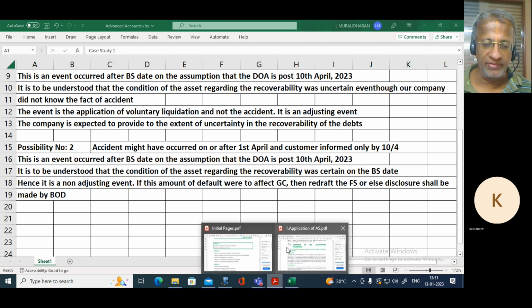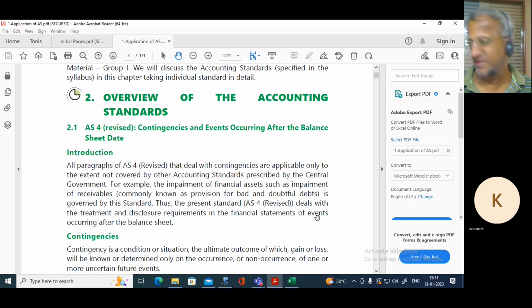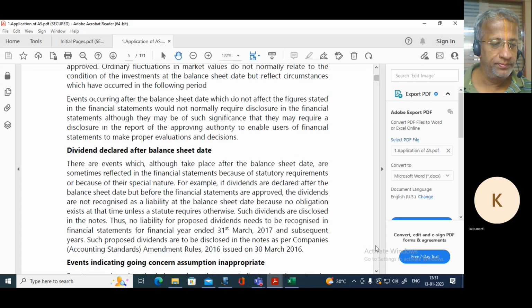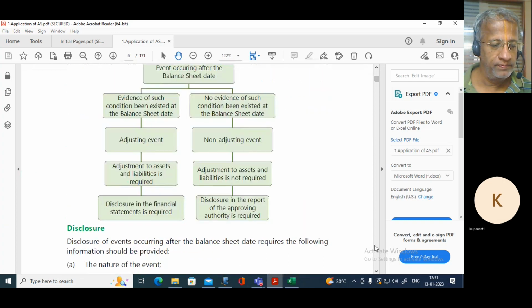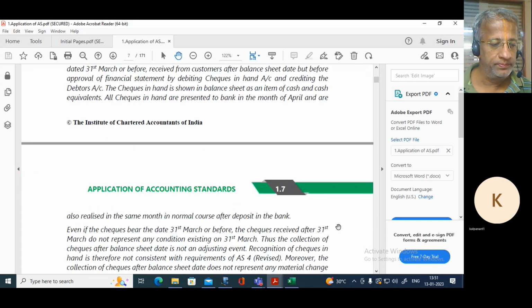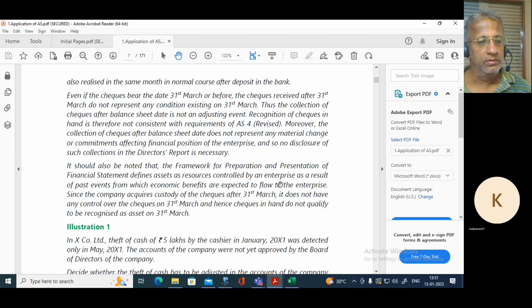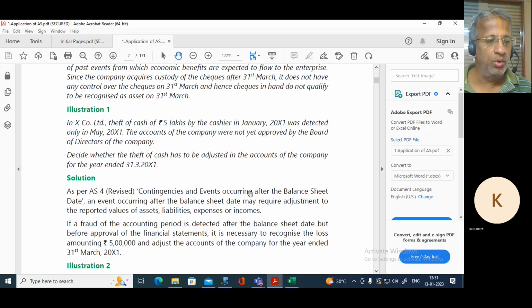Now, what is it that is left for us to try? In X Company Limited, theft of cash of 5 lakhs by the cashier in January 2021 was detected only in May 2021. The accounts of the company were not approved by the board of directors.